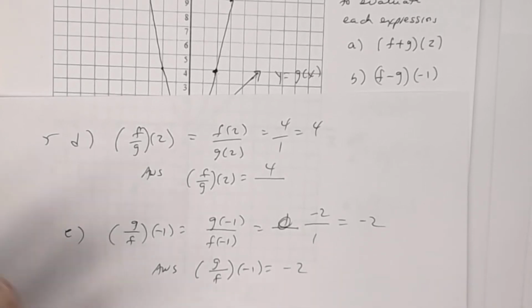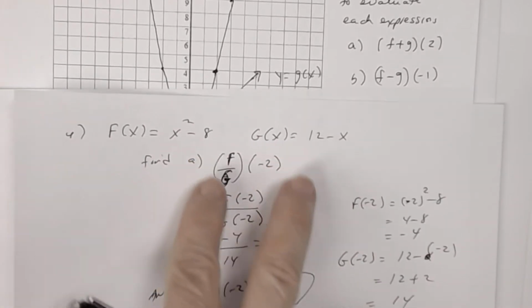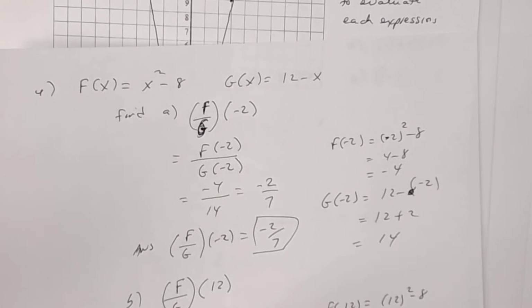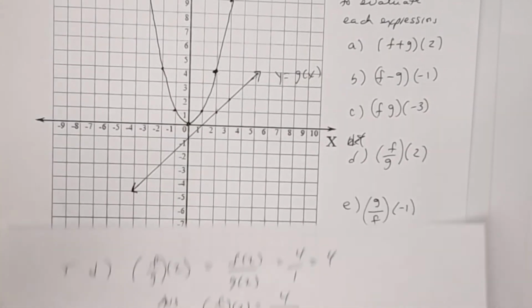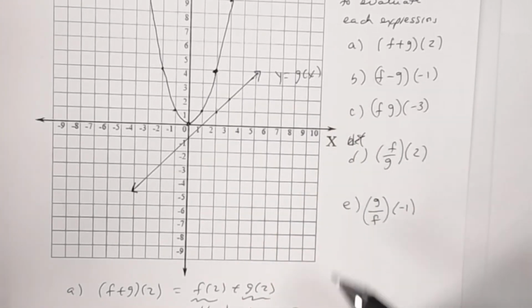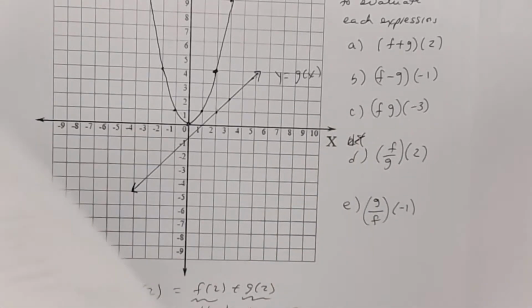Before we go on, you see how this involved a little bit more work to find these values because you had to substitute into these expressions. Here, it's easier if the graph is given because you just read the y values from your graph.